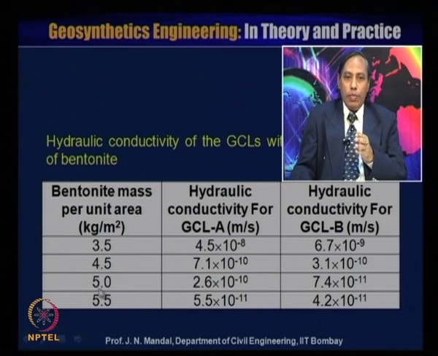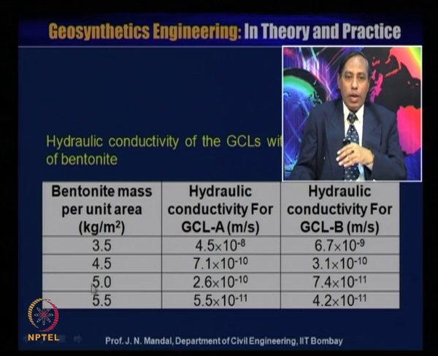When the bentonite mass per unit area is 4.5 kg per meter square, the hydraulic conductivity for GCL A is 7.1 into 10 to the power minus 10 meter per second, and for the GCL B 3.1 into 10 to the power minus 10.